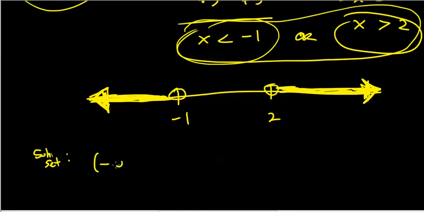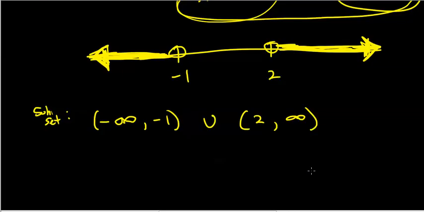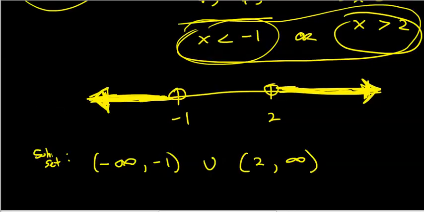They'll describe these intervals with what they call interval notation. And all this means is all x values less than minus 1, that describes all values between negative infinity and minus 1.